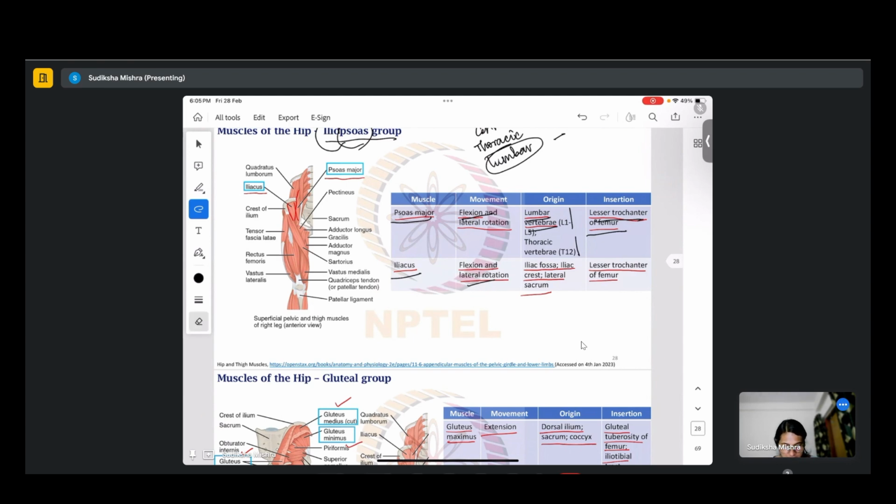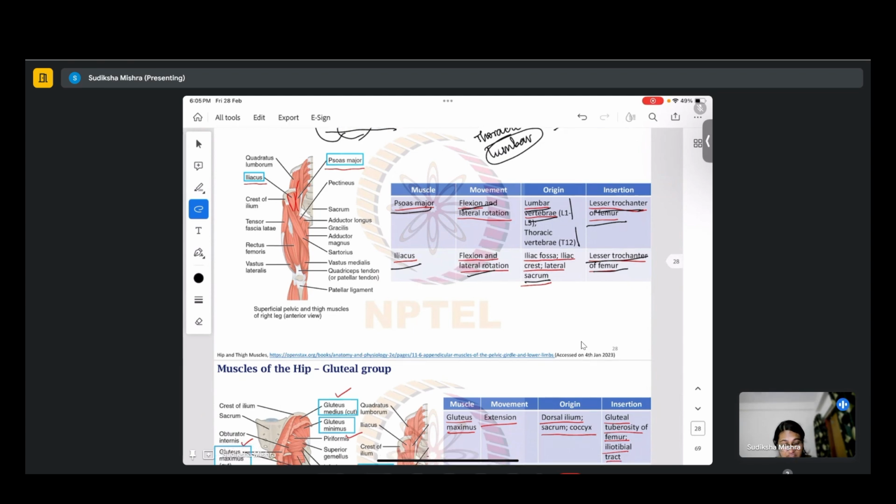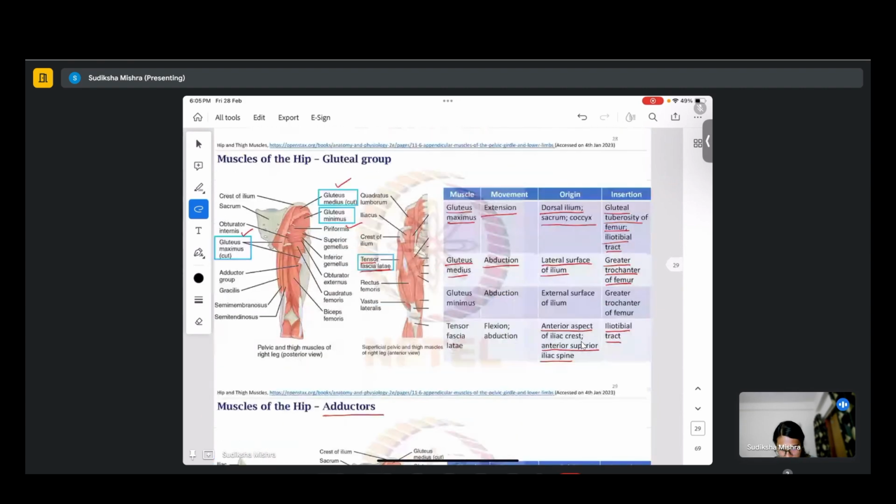Next is the iliacus muscle, which originates in the sacrum, which is below the lumbar vertebrae, again in the vertebral column, and then it inserts into the lesser trochanter of the femur. Both of these muscles are responsible for flexion and lateral rotation. Something to keep in mind.